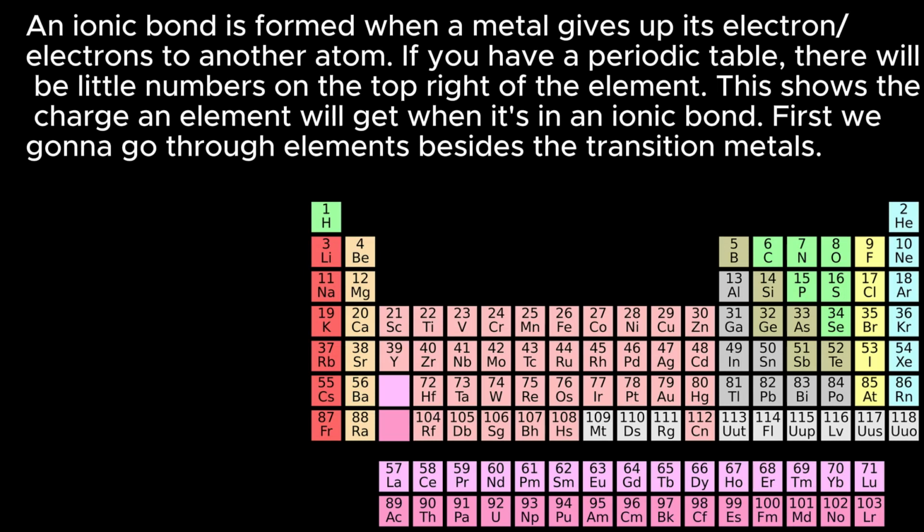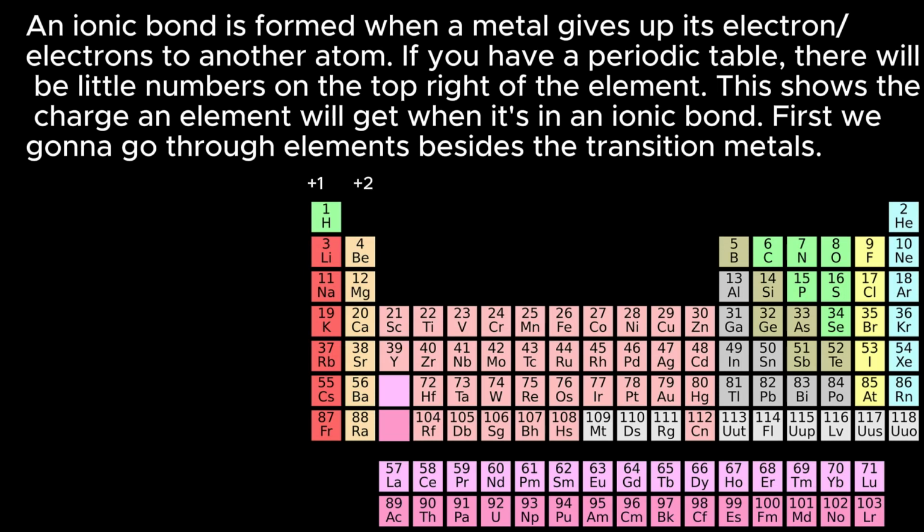So, starting with group 1, these elements, besides hydrogen, tend to form a +1 ion. And group 2, these elements tend to form a +2 ion. Now why?